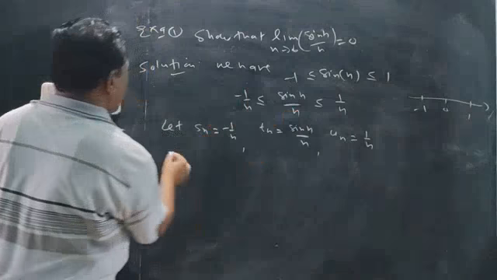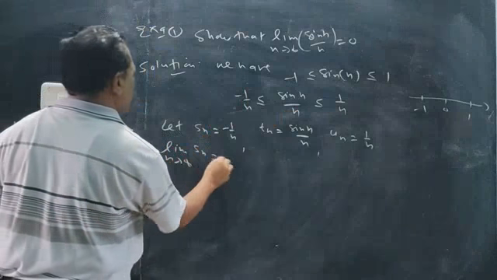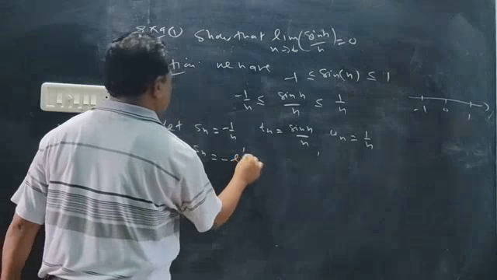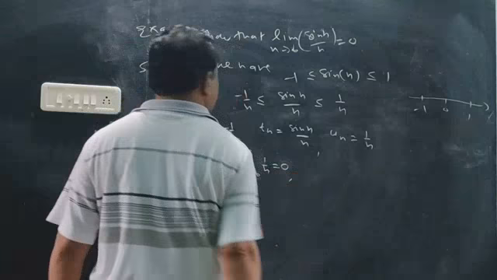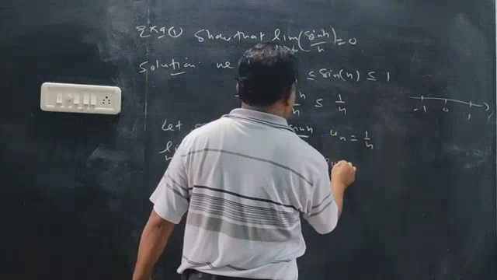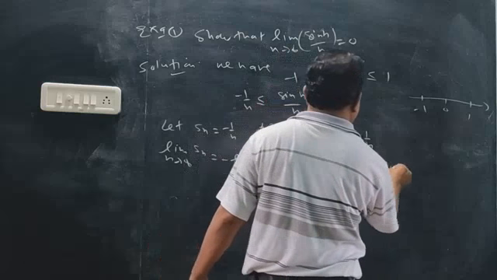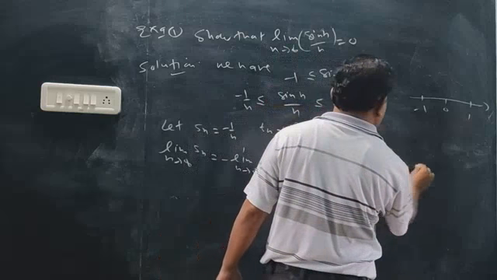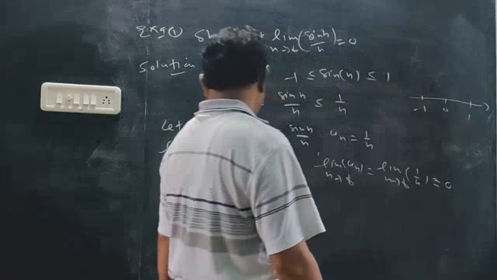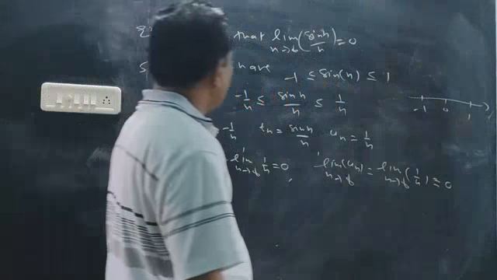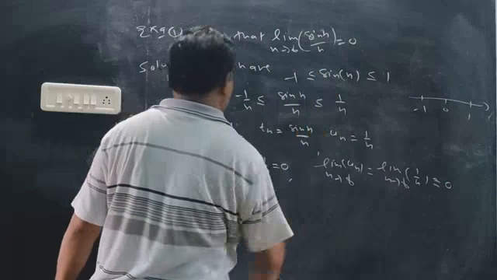Now the limit of Sn as n tends to infinity: minus 1 upon infinity is 0. The limit of Un: one upon infinity is 0. So the limit of Sn is 0, the limit of Un is 0, and Tn lies between these two.